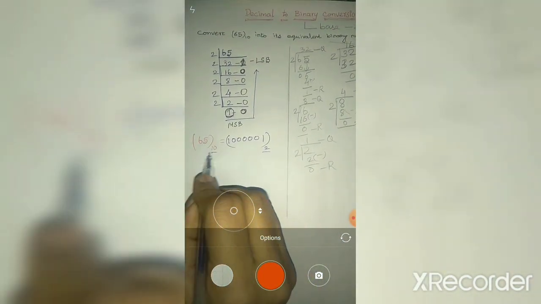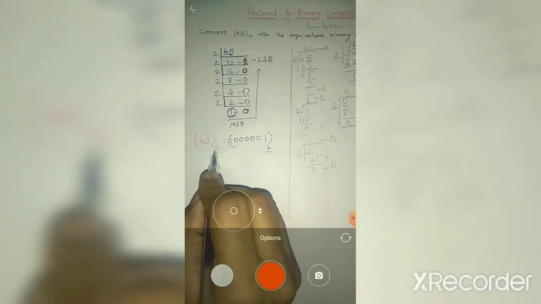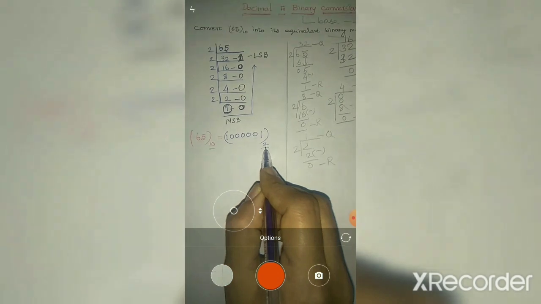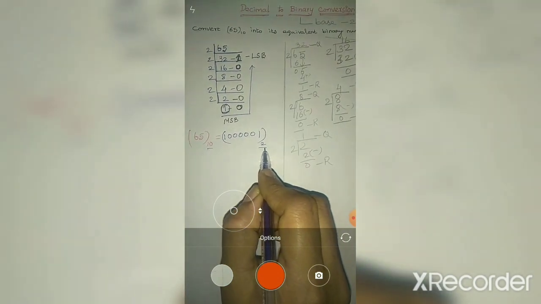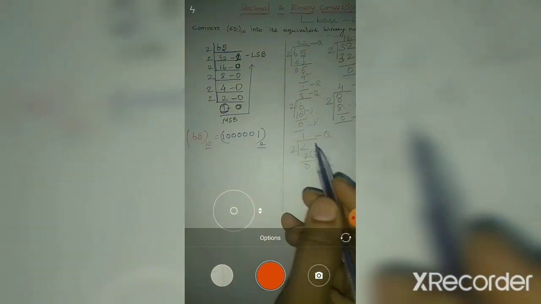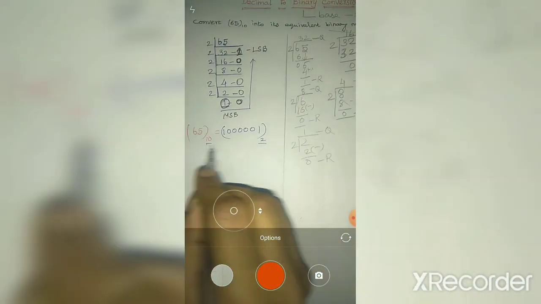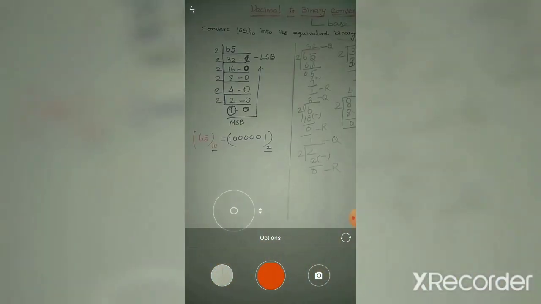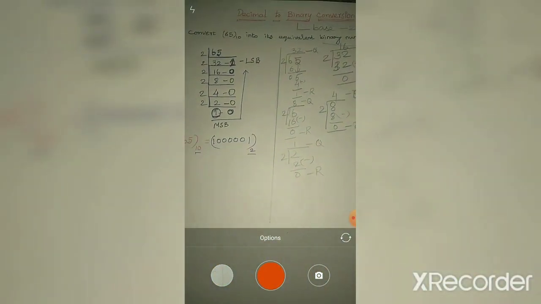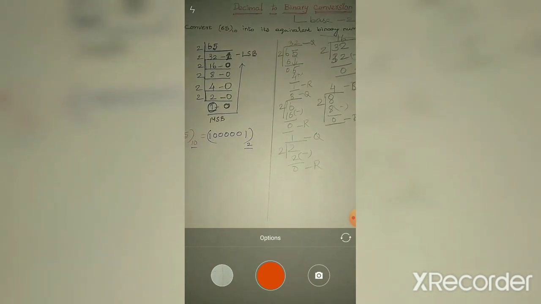It is the decimal number. It is the identification. Here 2 means binary number. That's why we put the subscript number, to identify the number system.